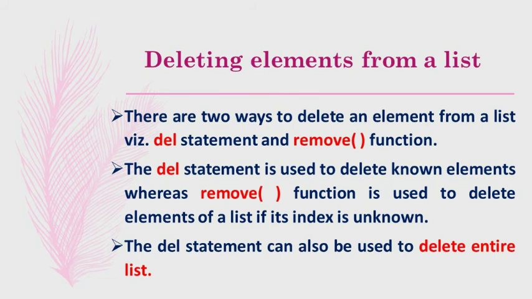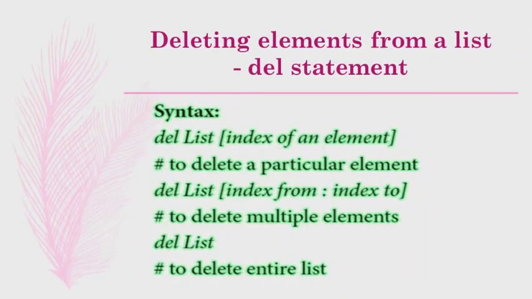Which means, if you know the index value of that element, you can use the del statement to delete the element from a list. But if you don't know the index value of that element, you can use the remove function to delete that element. Let's see the syntax. del list[index] is used to delete a particular element.